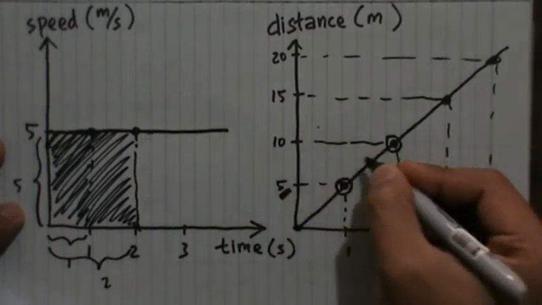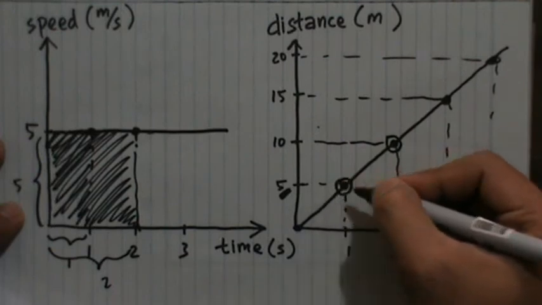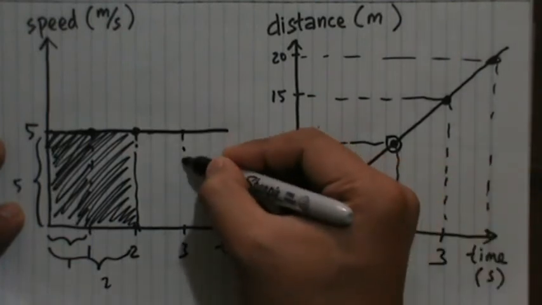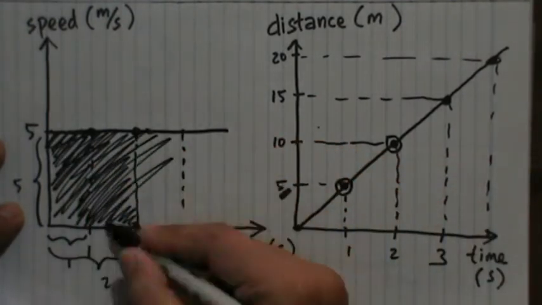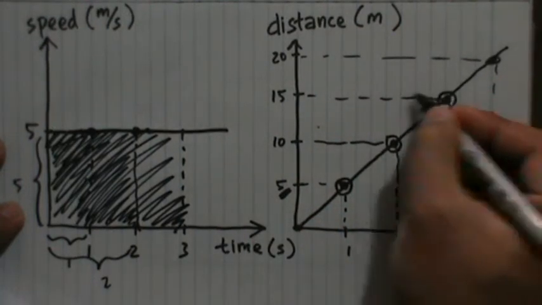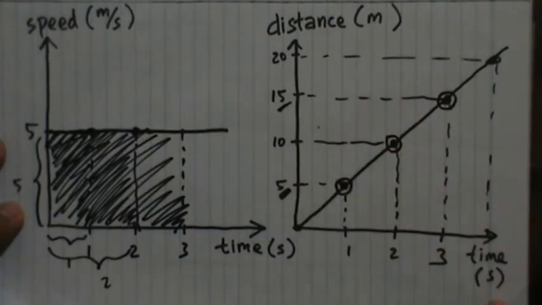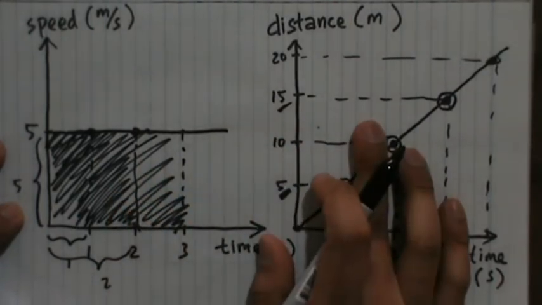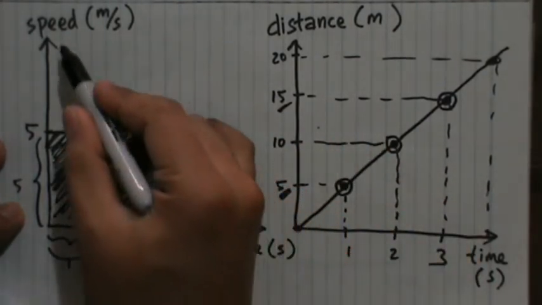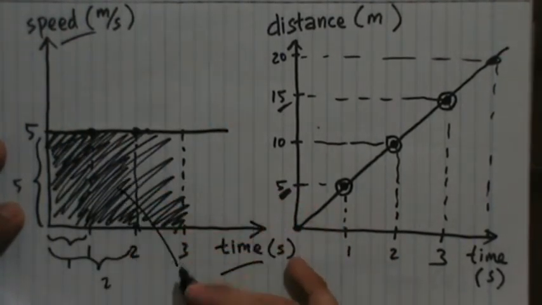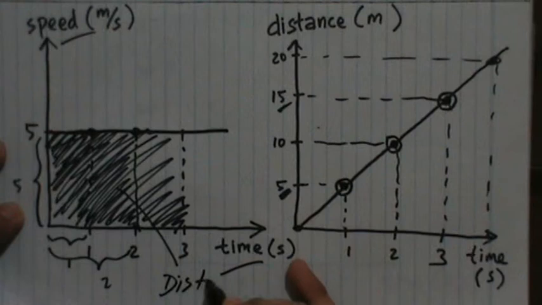And that's the value of the distance at t equal to 2 seconds. And later, if you calculate the area until 3 seconds, you will get 15. And that's the distance at t equal to 3. So the first interesting point here is that if you have a speed versus time graph and you calculate the area under the graph, you will get the distance.